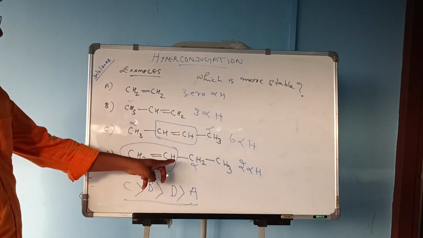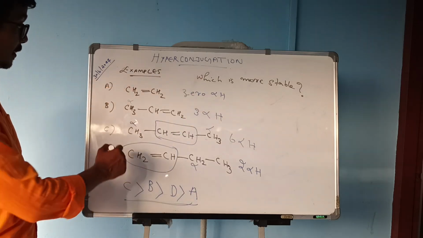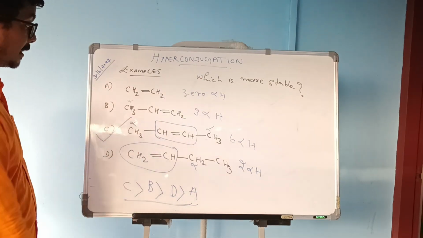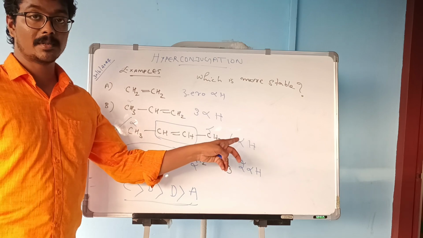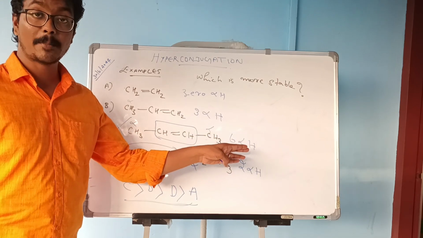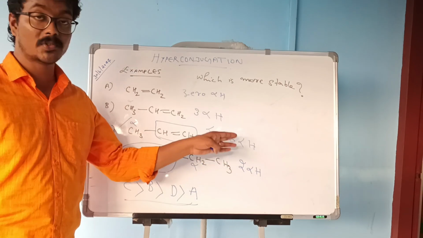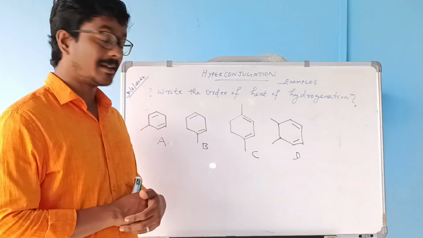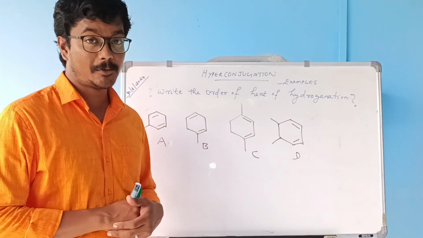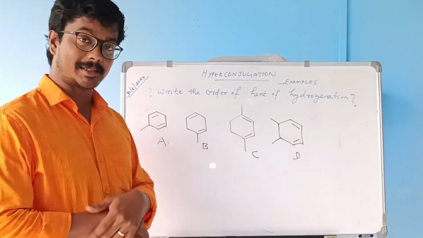And which is more stable? That is the question. The more stable one is C, because it carries 6 alpha hydrogen atoms, hence 6 hyperconjugative structures are there, which makes it more stable. Let's discuss the last question. Write the order of heat of hydrogenation in the given 4 cases.